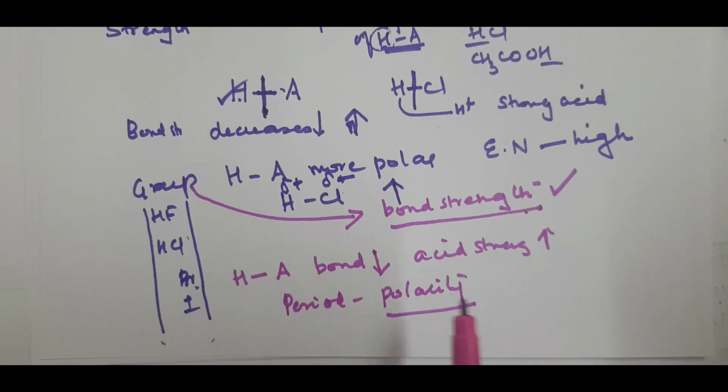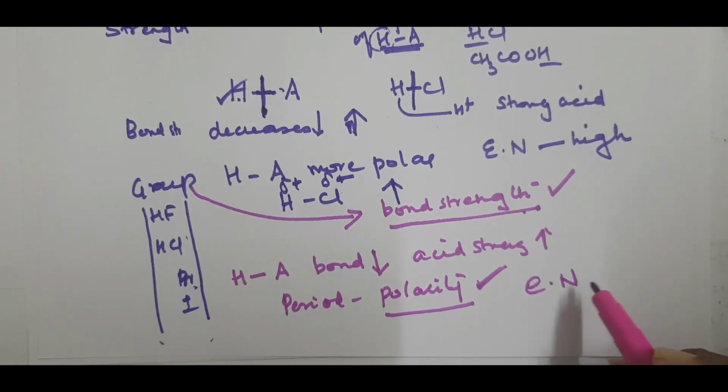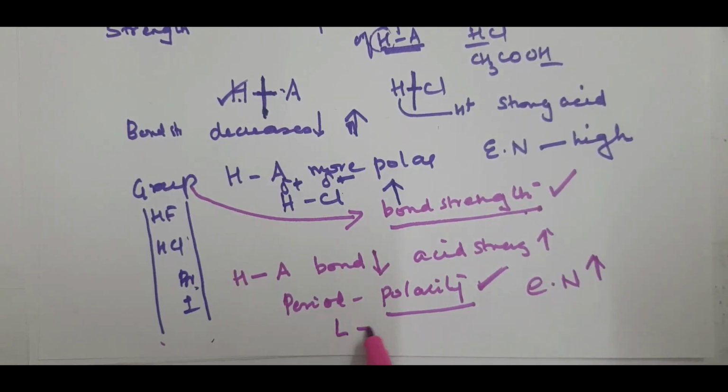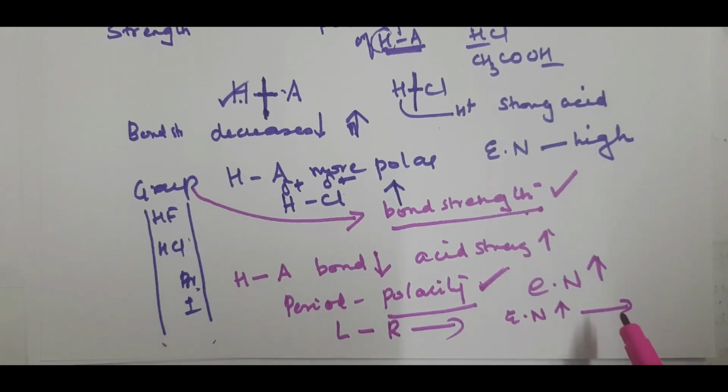But in period wise, the polarity will have more weightage than the bond strength. The electronegativity increases from left to right in a periodic table. Correct. Left to right in a periodic table.